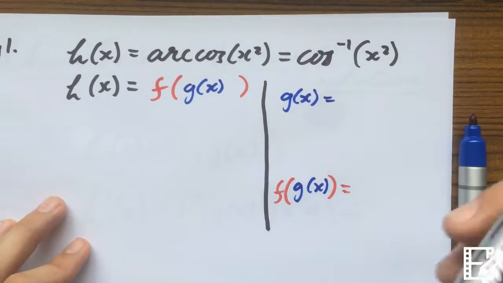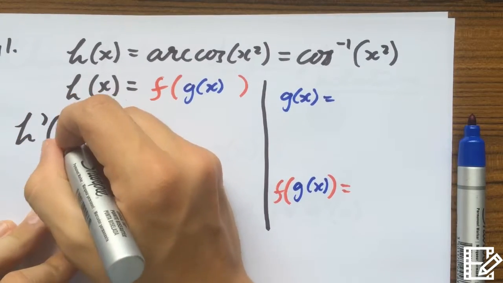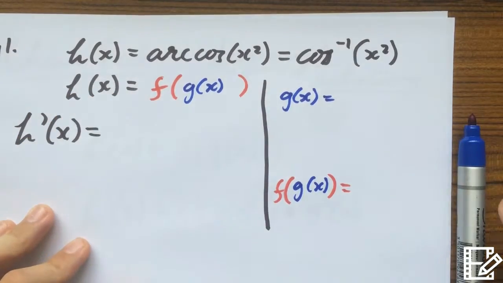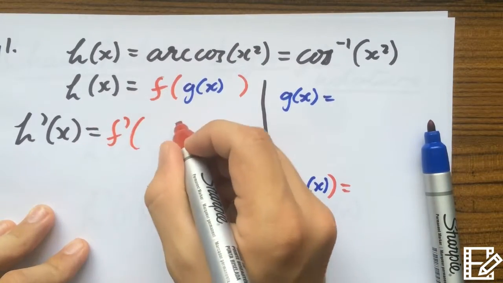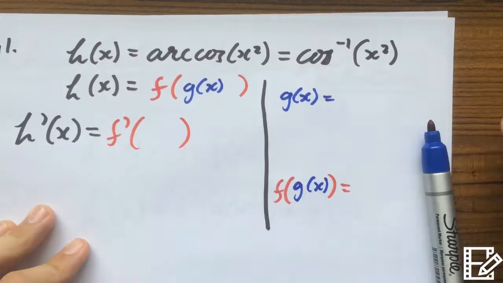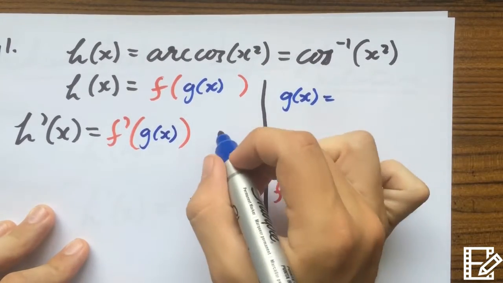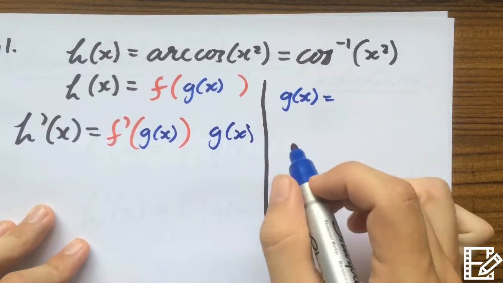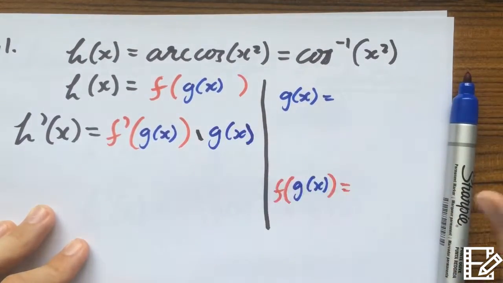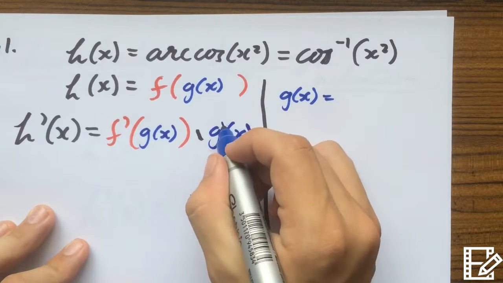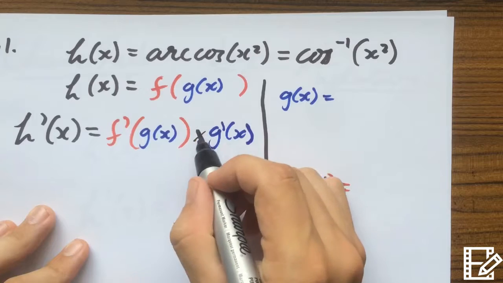Now if I write out the derivative following the chain rule, we get the derivative of the outside function, while the inside function stays the same, multiplied by the derivative of the inside function.